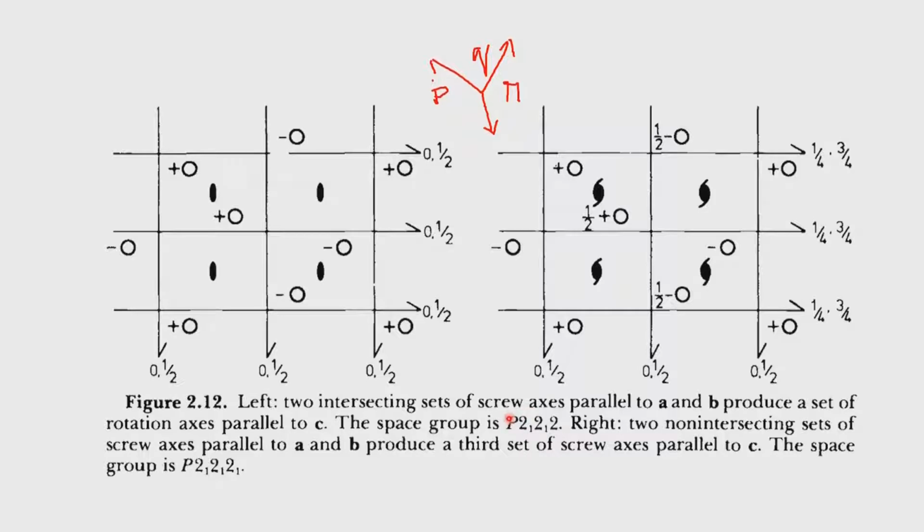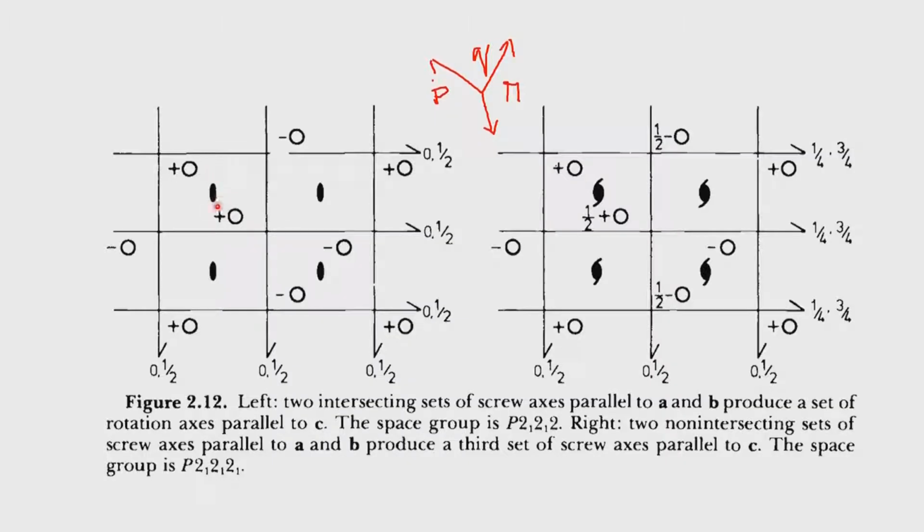We will examine this space group in more detail in a few minutes, but at this moment the take home lesson is that if we have two intersecting 2-1 screw axes, because they intersect with each other and have to obey Neumann's theorem, the third axis which will now get generated will be, because of the half translations involved in the two directions, 2-1 and 2-1, at only the 1/4 position, 1/4 along x, 1/4 along y, thereby generating this two-fold symmetry.